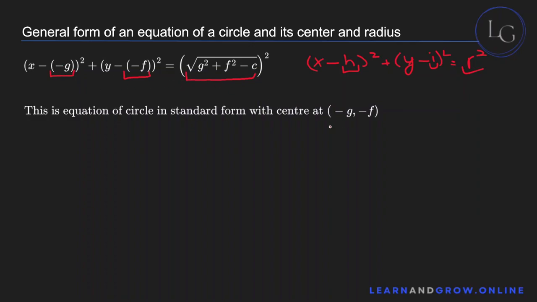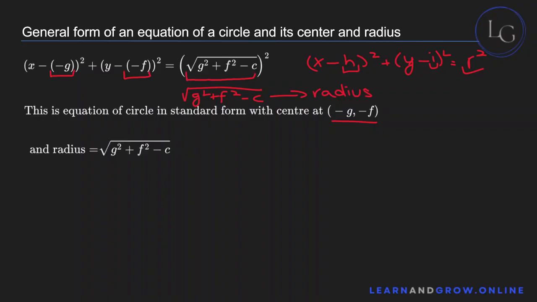So (−g, −f) is the center of the circle, the coordinates of the center, and this term inside the root, g² + f² − c, under the root, this is the radius of the circle, right?